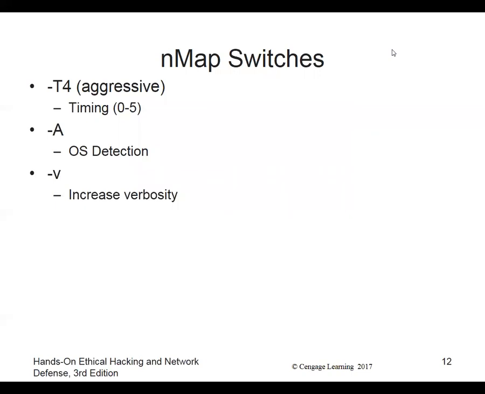It's going to make a lot of noise, but it's probably going to get a good result. You can use between 0 and 5, and the higher the number, the louder, more obnoxious it gets. -A is OS detection. Without -A, you're not going to have a clue what you're running. What -A does is it goes out there and tries to determine what type of OS. And verbosity is how much output you want to get back.